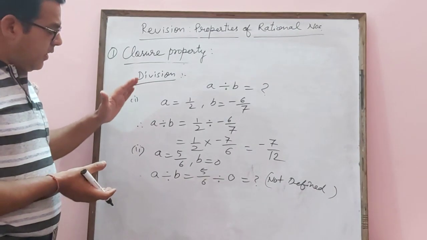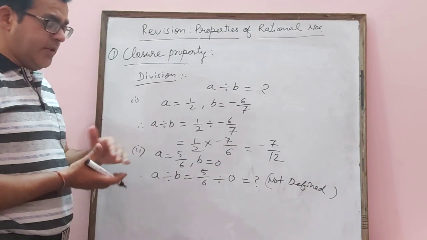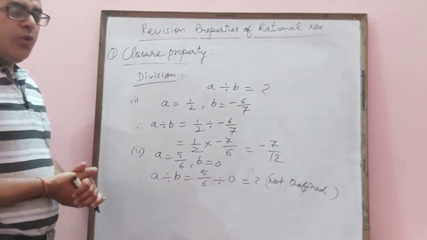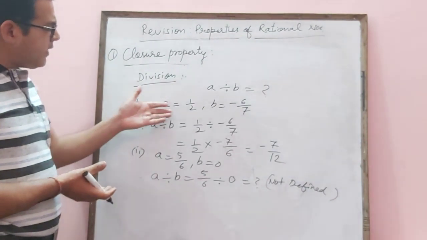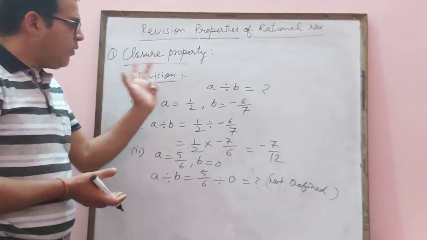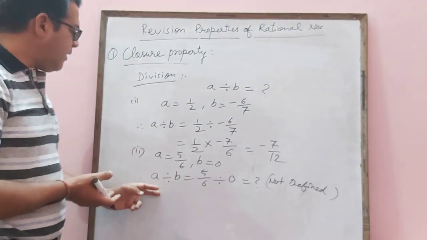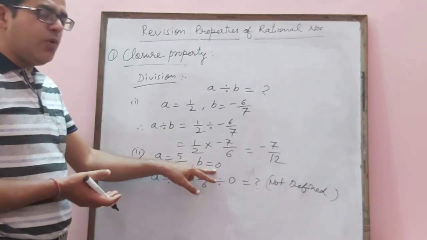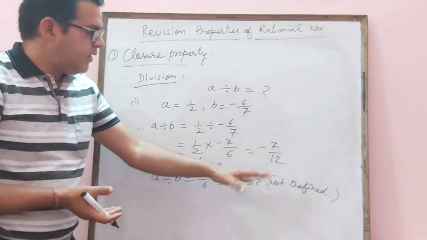So if we are taking 0 as a divisor, we don't know what will come. In the first example, we are getting a rational number when dividing one number by another. And in the second example, where I deliberately took 0 as a divisor, we are getting no result, we are getting not defined.